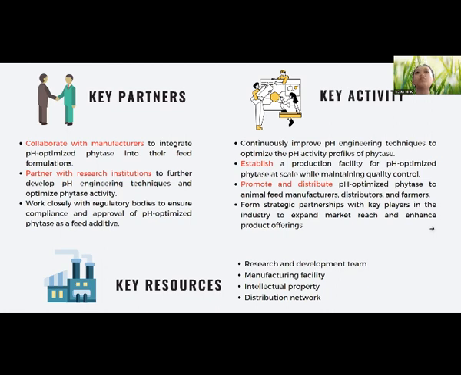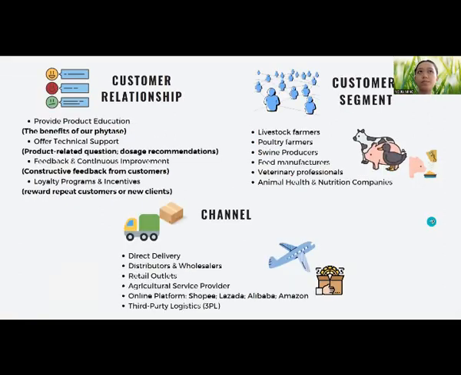Lastly, we will form strategic partnerships with key players in the industry to expand market reach and enhance product offering. Our key resources will be R&D team, manufacturing facility, intellectual property, and also distribution network.